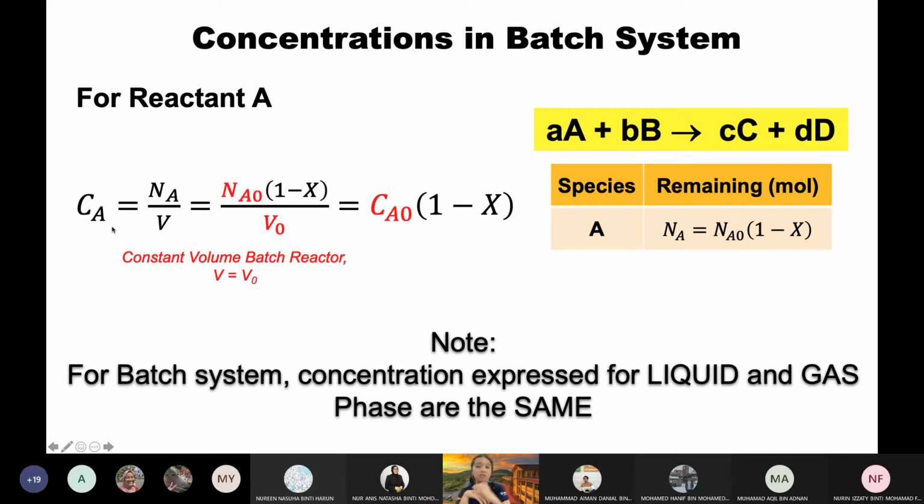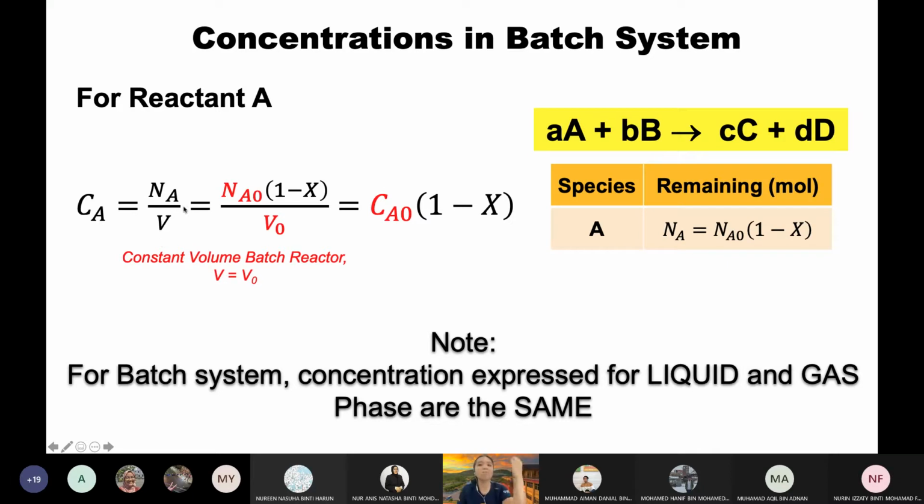Remember I told you we check the concentration: concentration of A, B, C, D, the concentration remaining after the reaction. So the concentration of A, CA, equals NA over V.